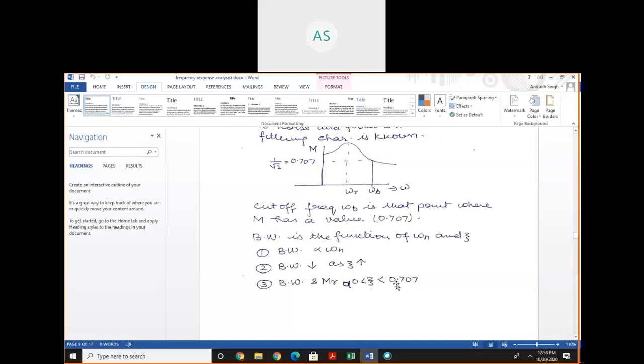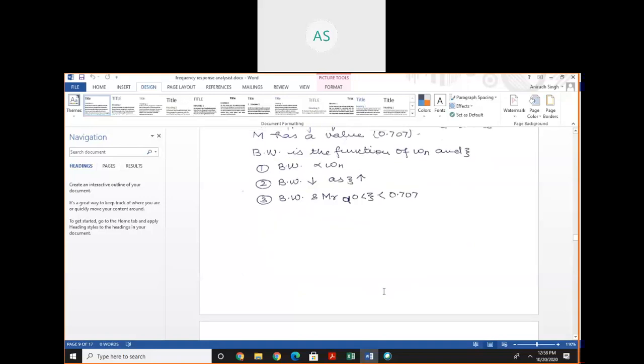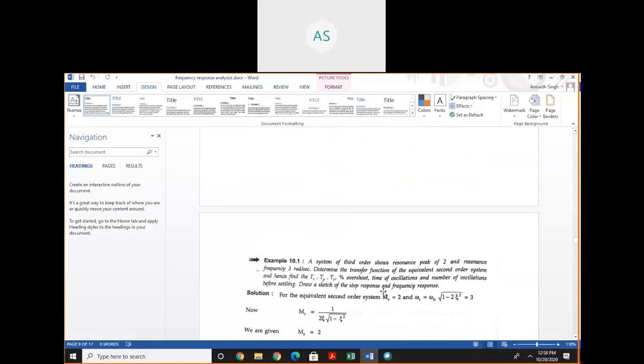When the value of the damping ratio increases, bandwidth decreases. Both bandwidth and MR, resonant peak, are proportional to omega n, and this depends on the value of zeta.